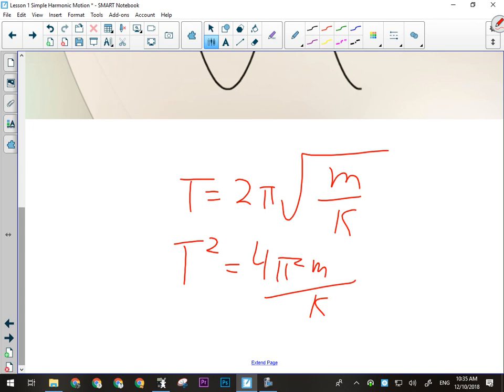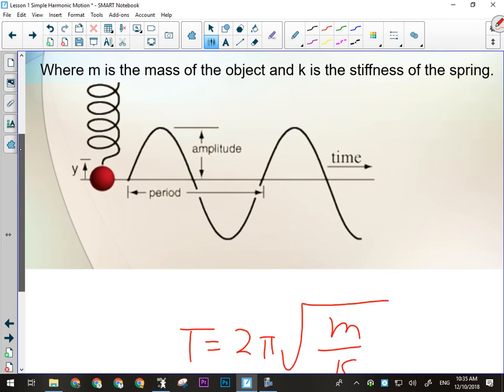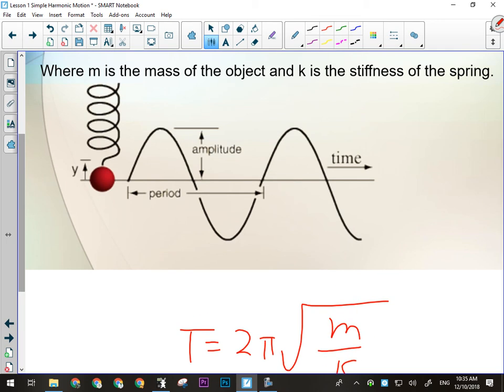Okay. Now, if we're looking at what this looks like, so the mass is on a spring here, as it oscillates up and down, it creates what kind of a shape? A sinusoidal wave pattern. Okay, this is why simple harmonic motion and waves are in the same unit. Simple harmonic motion causes waves to occur, right?